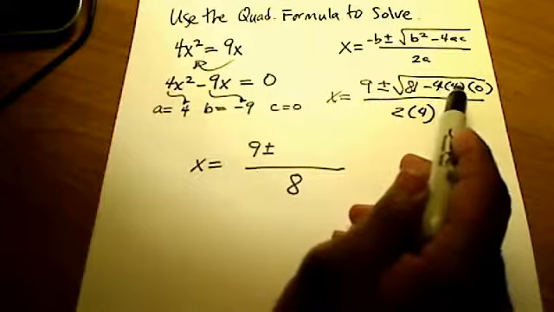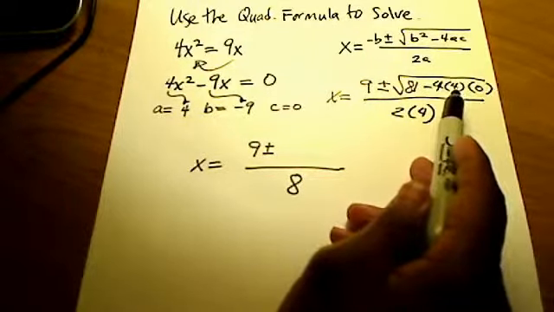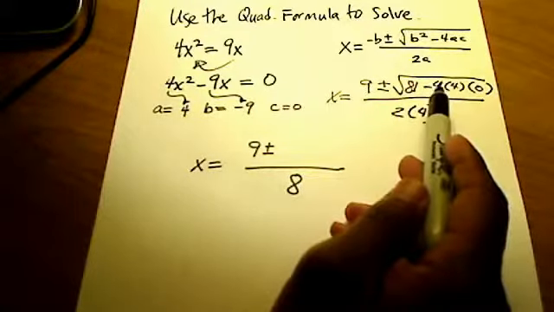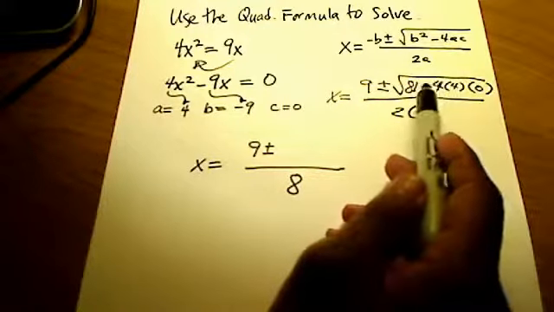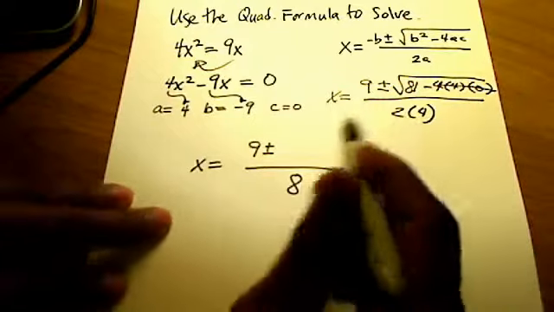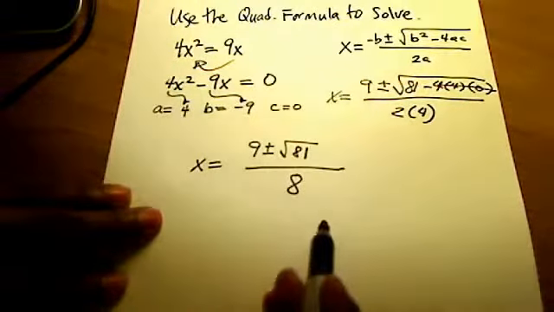Look, I've got some multiplication to do over here, and I hope you see that 0 times either of these numbers times that 4 times that 4 is just going to give me a 0 anyways. So I really have 81 minus 0, because all of this stuff cancels out. Right? 81 minus 0 is just 81, so I have the square root of 81 up top.